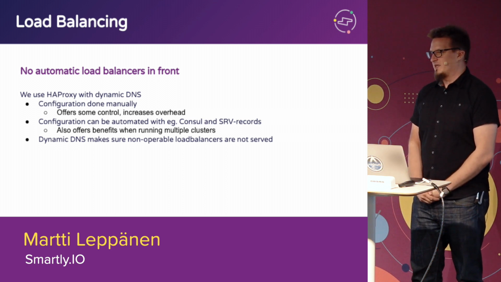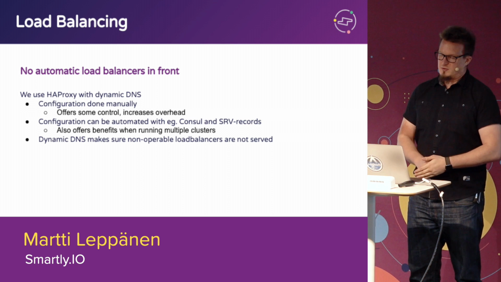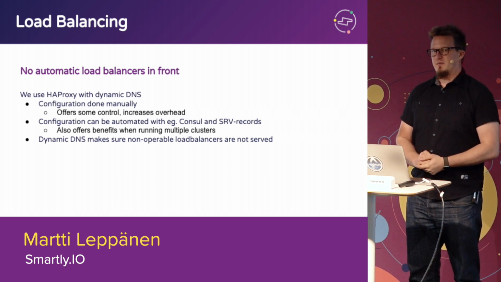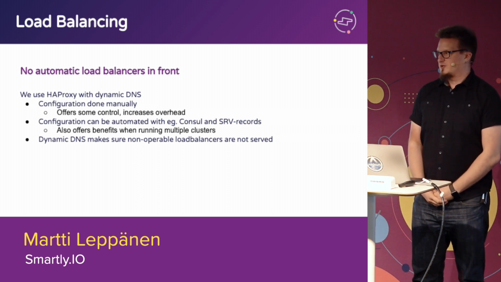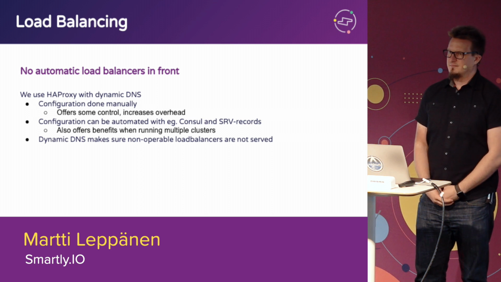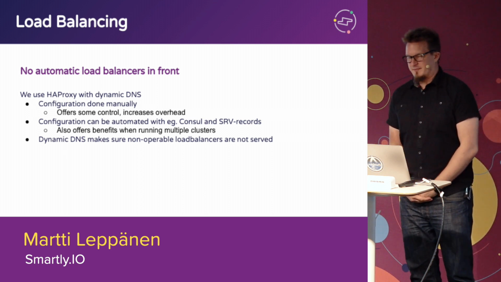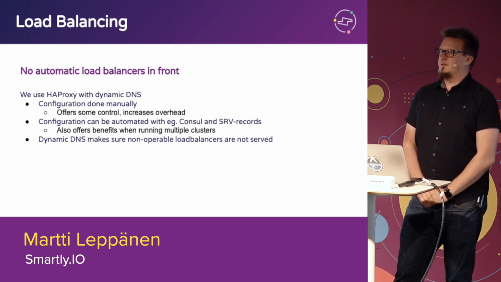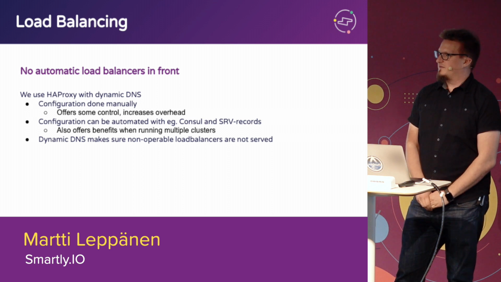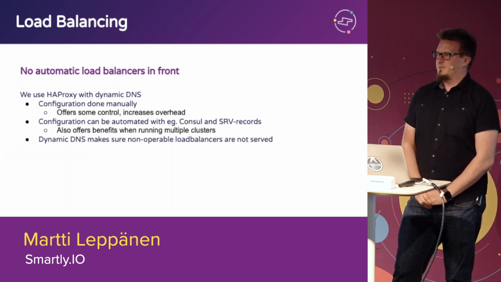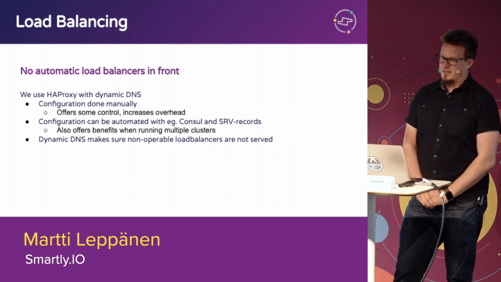And obviously, if you're running multiple Kubernetes clusters, then you can have the load balancer shift the request to the right place according to the configuration, which is also a very nice benefit. And we're also using dynamic DNS for the HAProxies, so that if for whatever reason some load balancer is down, we're not serving that particular IP address from the DNS, and we can be quite sure that our HAProxy cluster is up and running and all the services that are there are reachable.